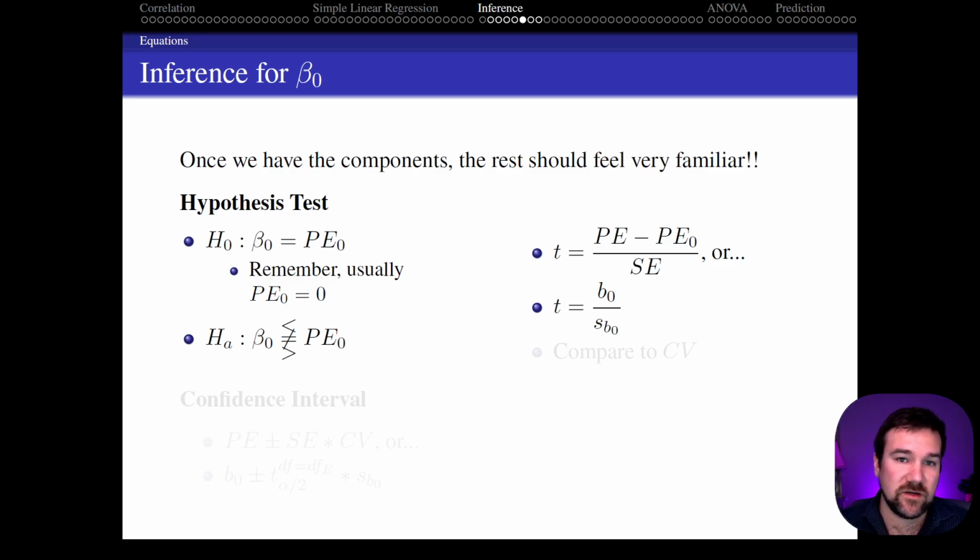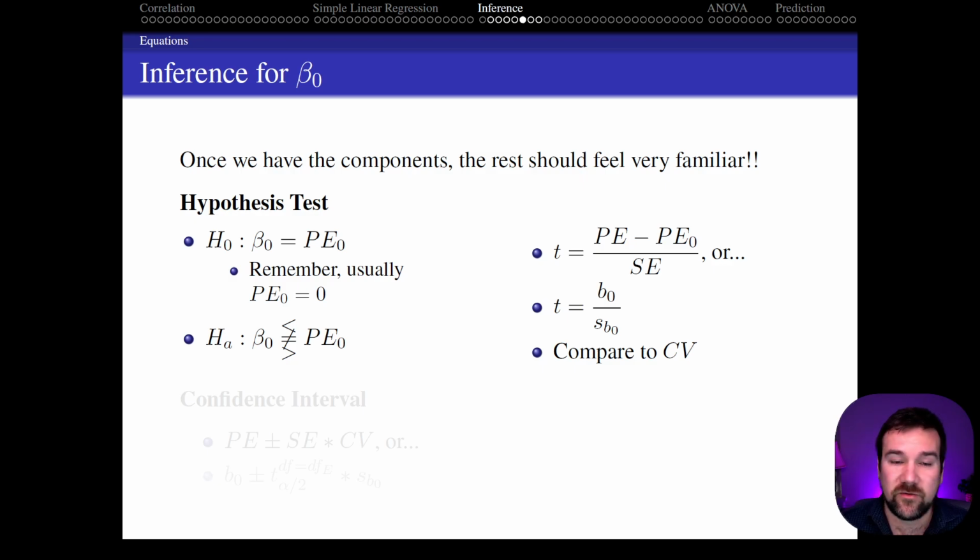Well, yeah, the B0 is the y bar minus x bar times the slope, and the standard error is that S times the square root of all that stuff underneath the square root. I don't even remember it all. And so these can be written out in longer terms, but remember, once you have the point estimate and the standard error, you just put those in those places.